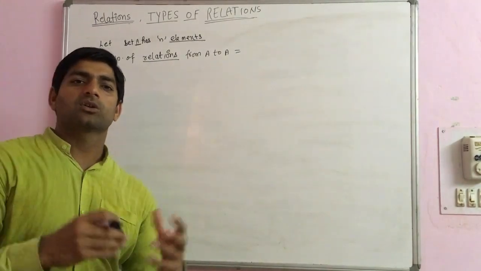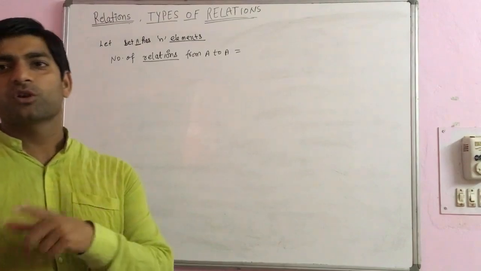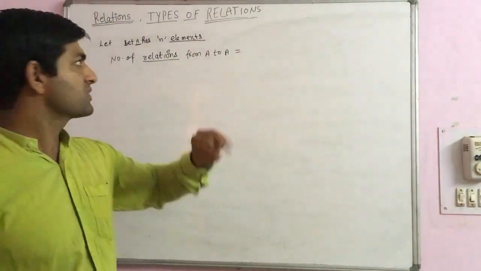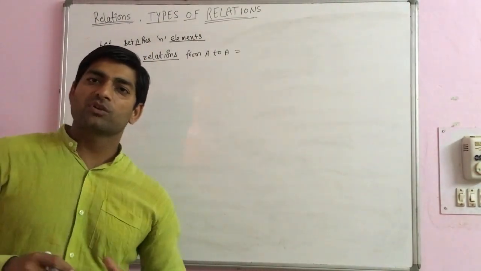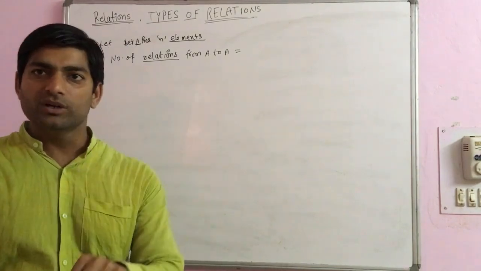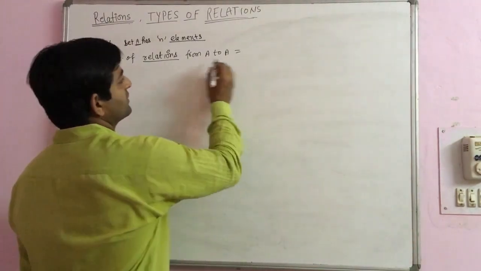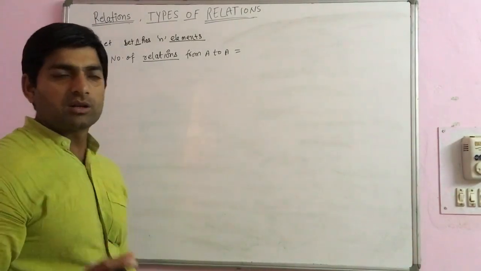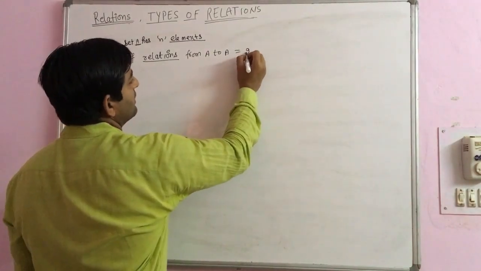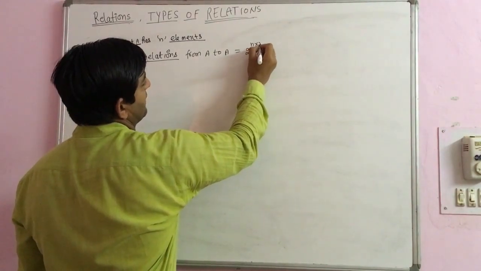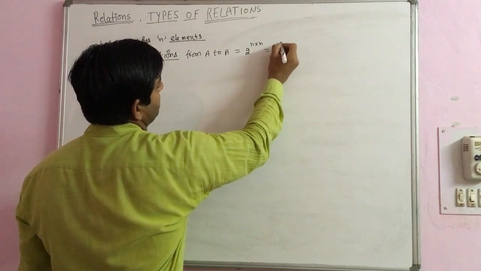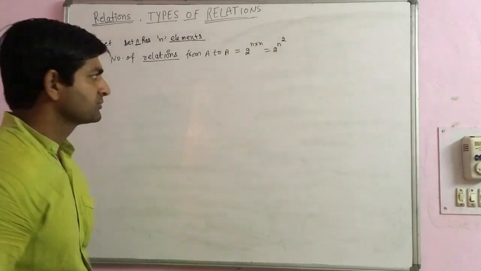We will find the total number of ordered pairs. So total number of ordered pairs is n into n, because A has n elements. And the formula for the number of relations is 2 to the power n into n, which is 2 to the power n square.